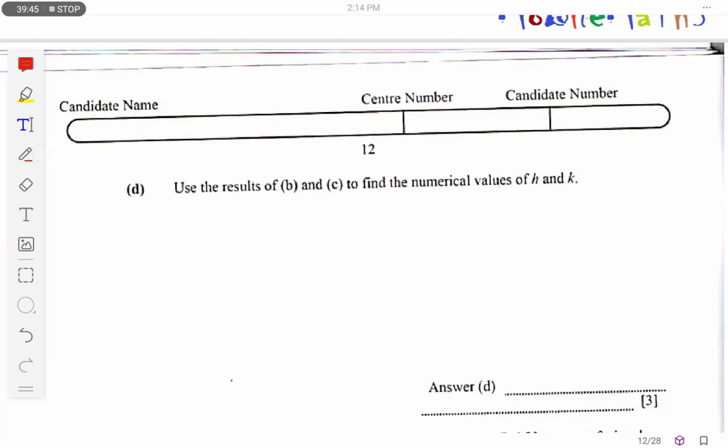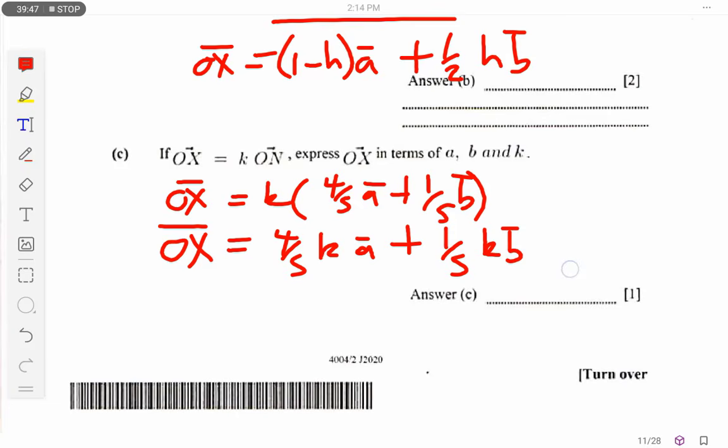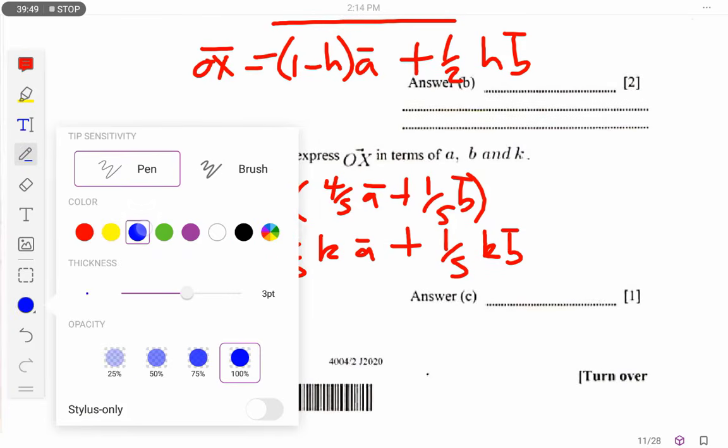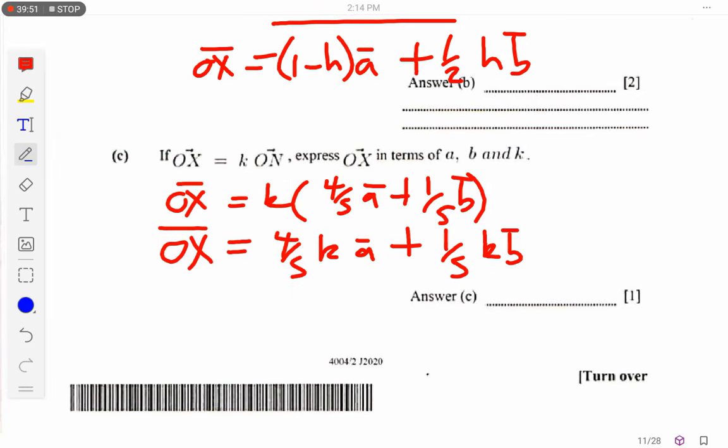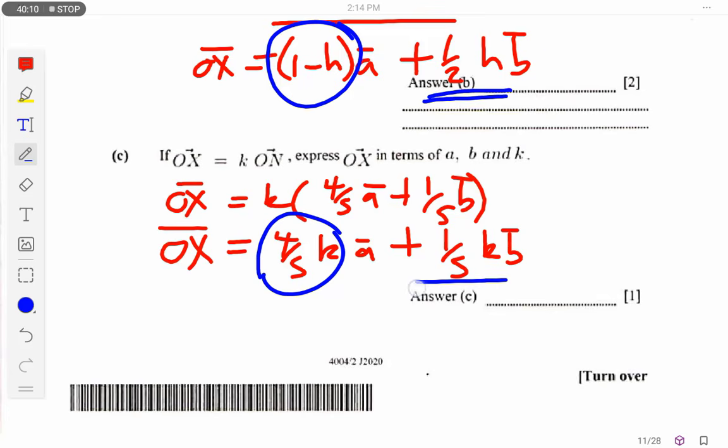Okay, so let's use this from this point here. What we normally do is this. We say when the vectors, since it's the same vector, OX, this one and this one, they are equal. It means the value of A vector there, this one, is going to be the same as the value of A here. Then the value of B vector is going to be the same as B there.